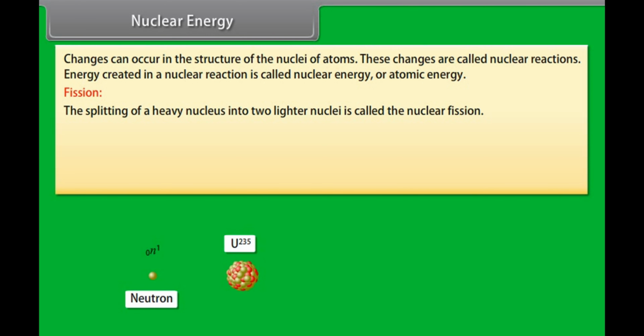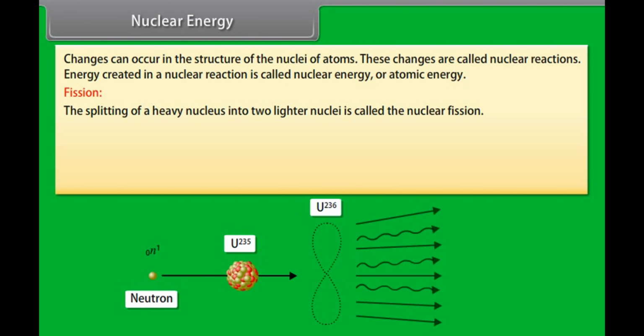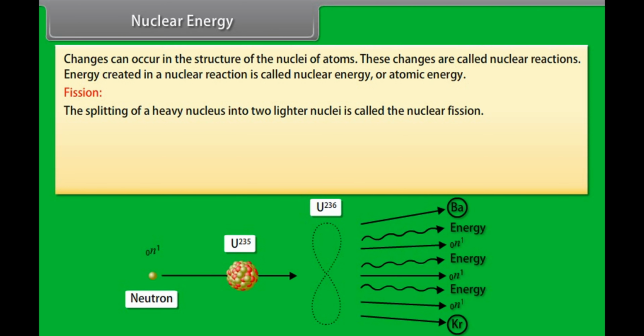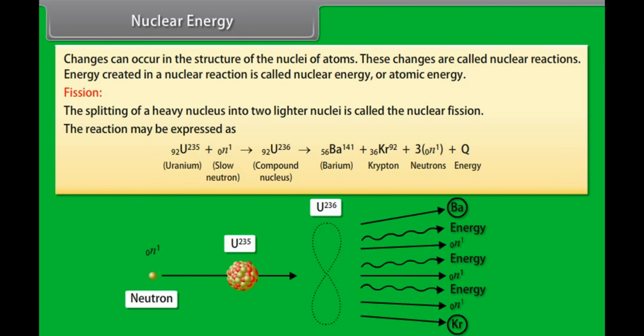When a slow neutron strikes a uranium-235 nucleus, it is absorbed by the nucleus and an unstable isotope of uranium, U-236, is formed, which immediately breaks into two fragments, emitting 2 or 3 neutrons with release of an enormous amount of nuclear energy. The reaction may be expressed as shown.